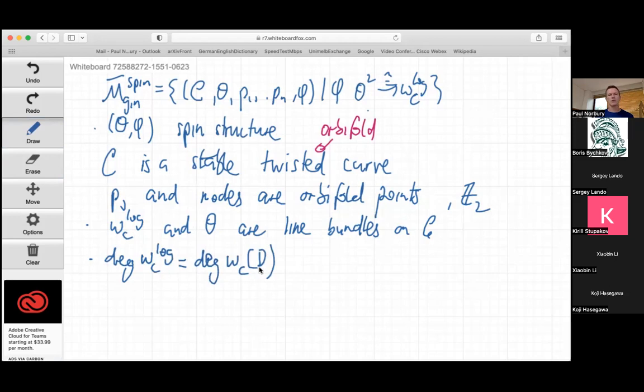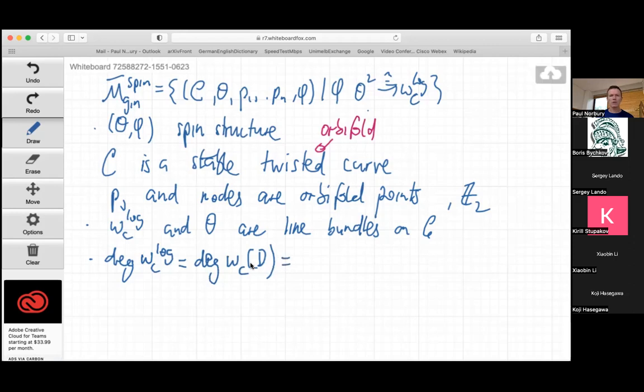So this actually restricts nicely to any nodal curve, because we've already said that at nodes, we naturally allow these simple poles at the Pi. So the log canonical restricted is the log canonical. That's actually important for us.